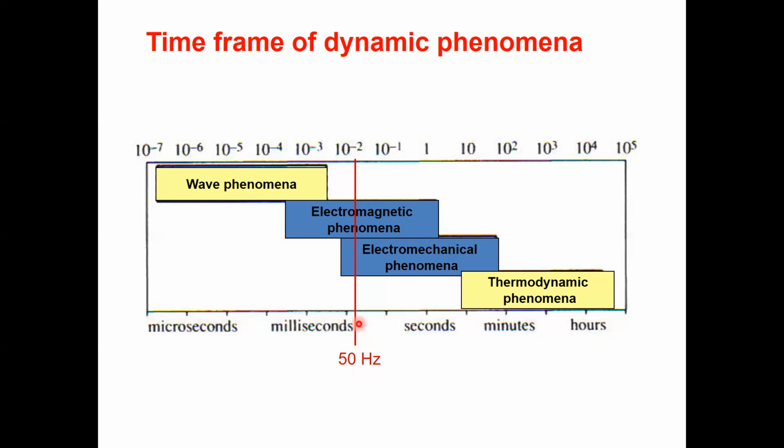So normally what we observe in a power network is the temporary fault. Temporary fault could be in the range of 60 milliseconds, 80, 100, or 120 milliseconds.